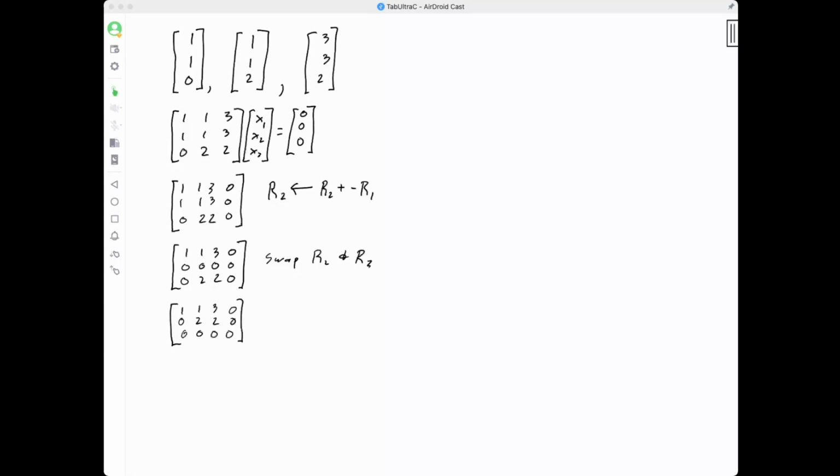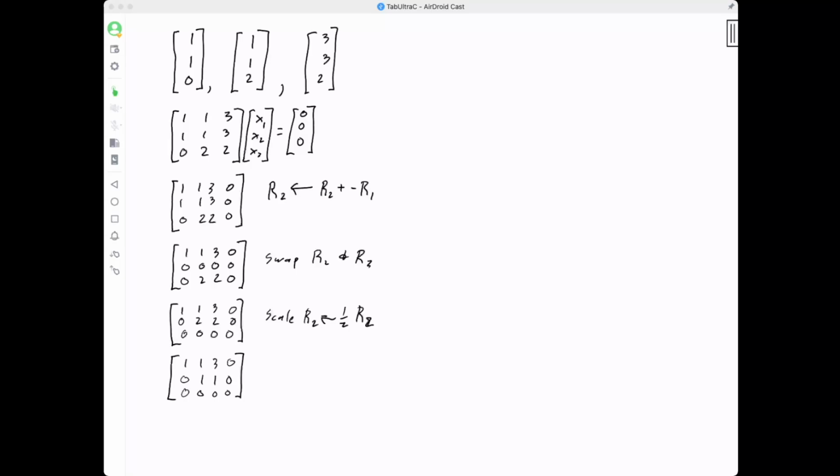I'm going to scale row 2. So row 2 becomes 1/2 of row 2, which gives me 1, 1, 3, 0, 0, 1, 1, 0, 0, 0, 0, 0. Then I have a pivot, and I don't have any non-zero entries in the last row, so I don't have to worry about that.